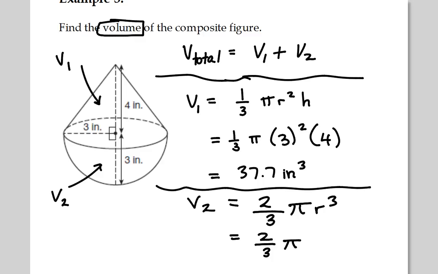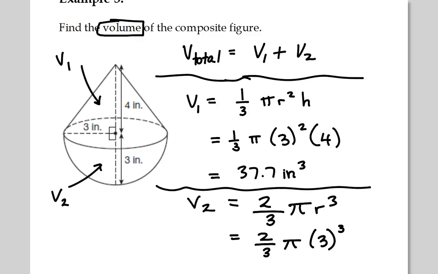What is the radius of this hemisphere? 3. It's the radius of the sphere, 3, which is the same value you're going to use in the calculation.